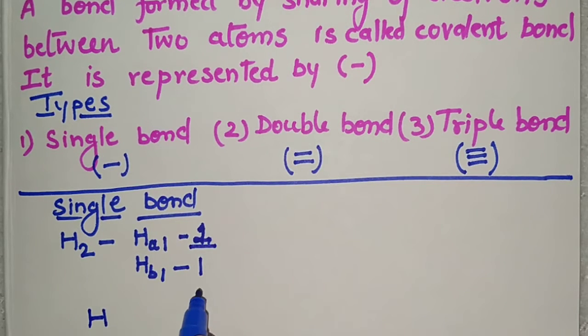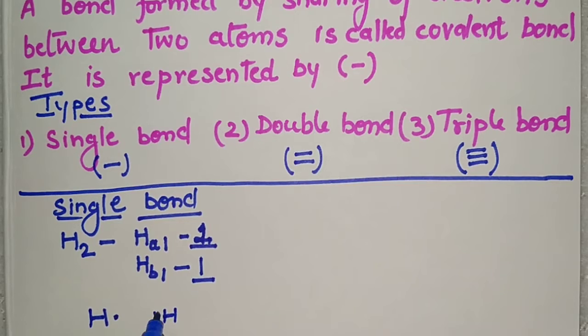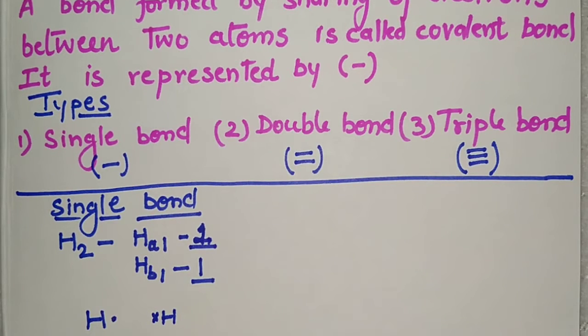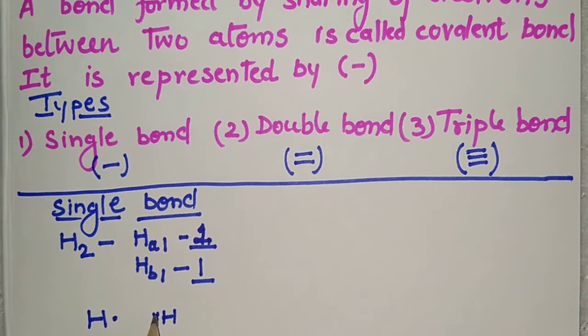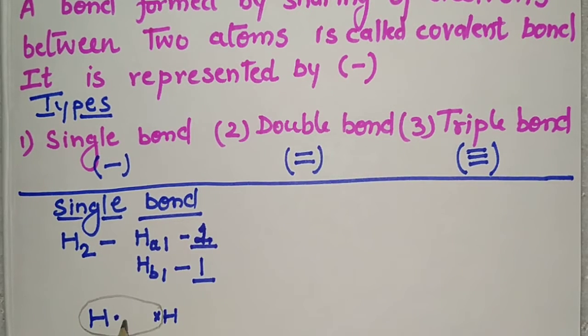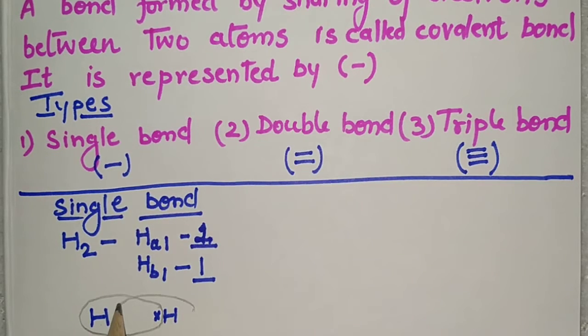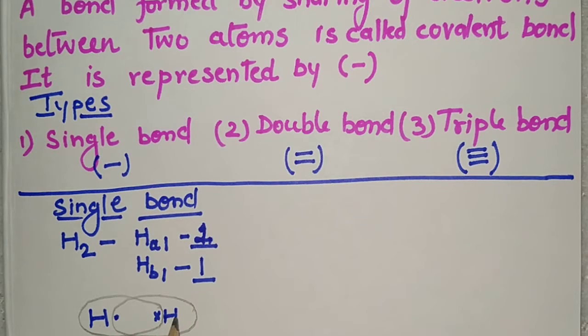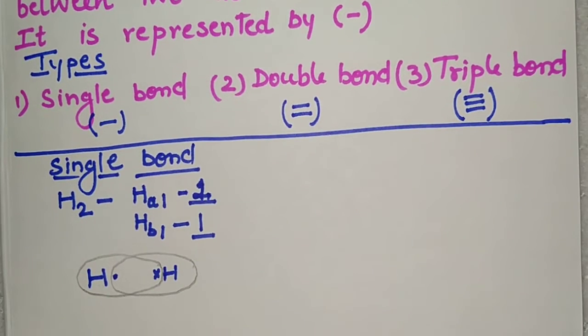This is one valence electron. This is another valence electron. Now see here. This hydrogen becomes 2. Now it is stable. This hydrogen atom also becomes stable by sharing one it is having, and another it will share with the other hydrogen atom.